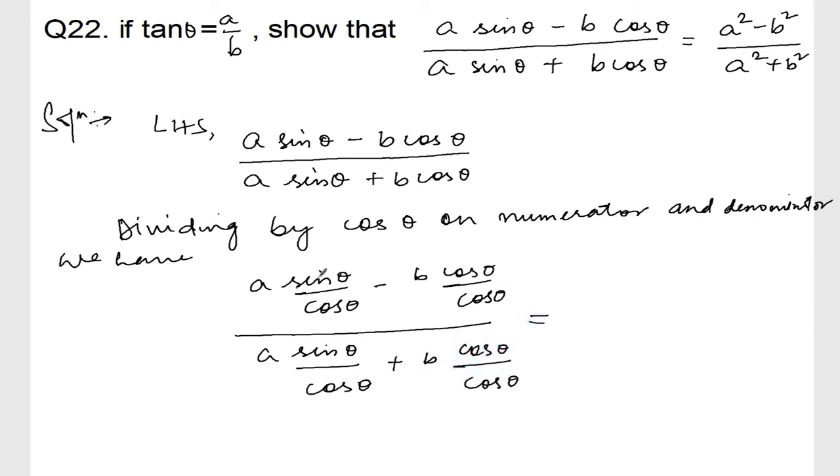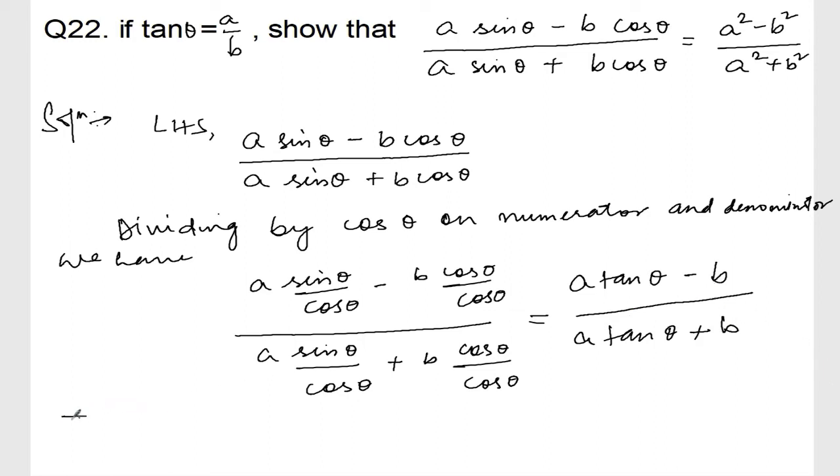So a sin by cos is a tan theta, minus b as cos theta cancels, divided by a tan theta plus b.